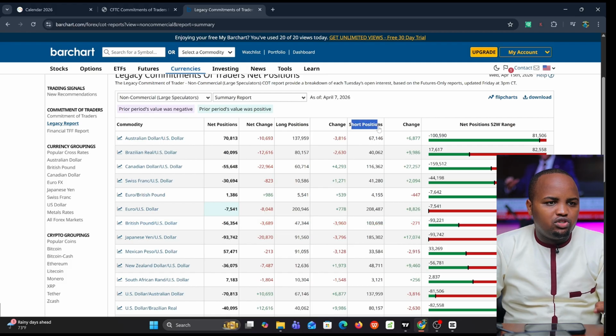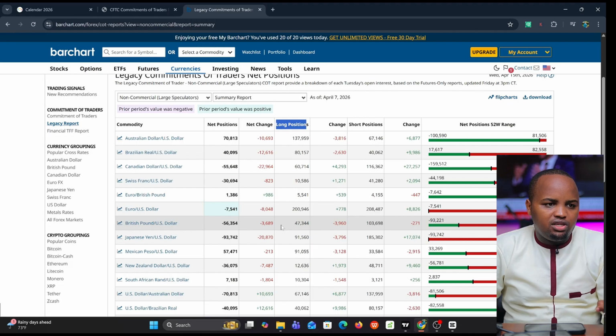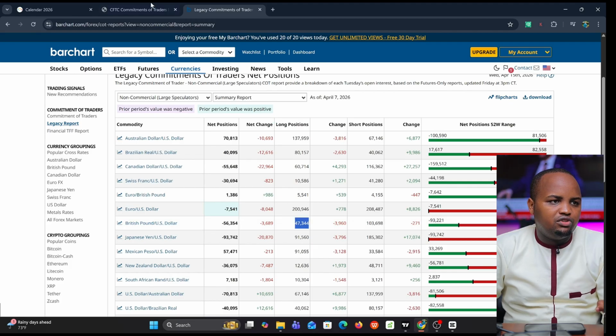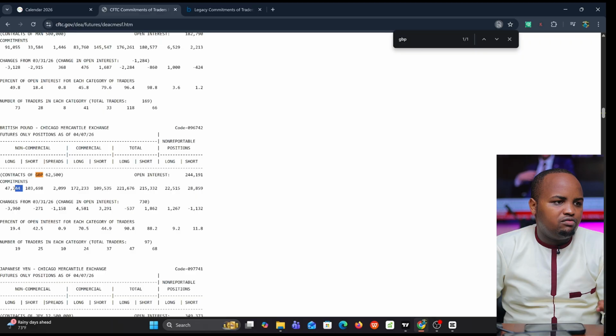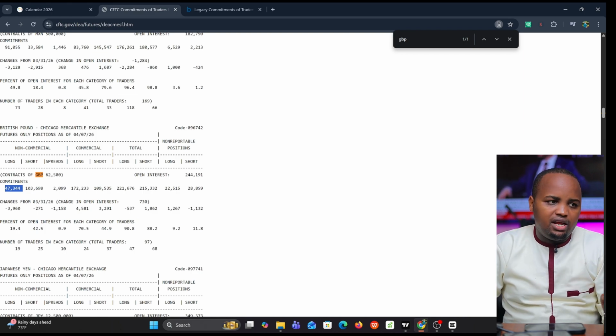These are short positions, all right? So you just get it easy like that. On long positions, you get the GBP right here, which is 47,344. There was a number of shorts that one just entered into this market. You can see it's very accurate and very nice in this area.